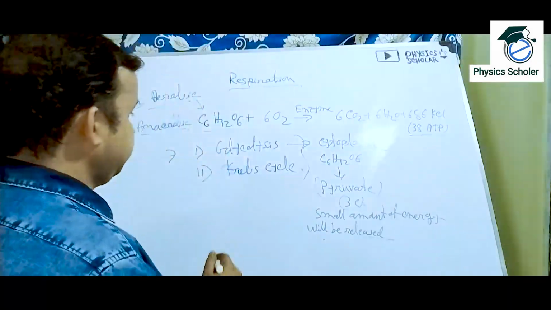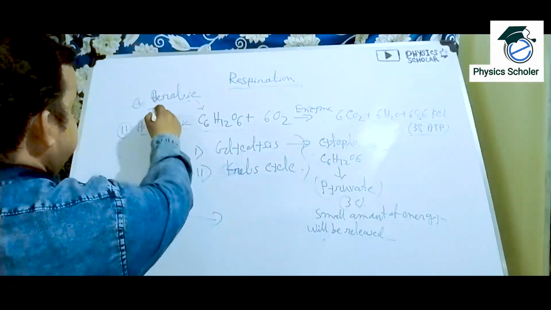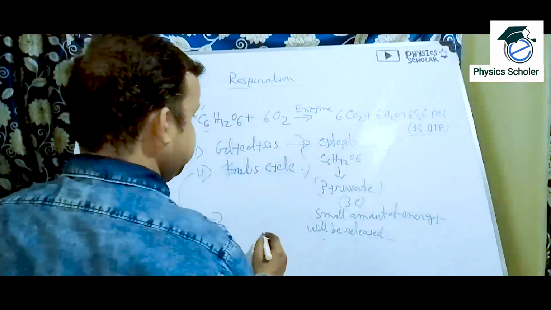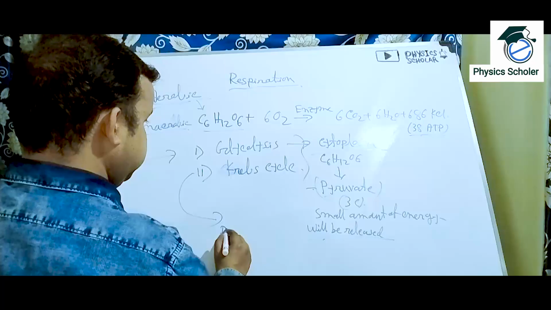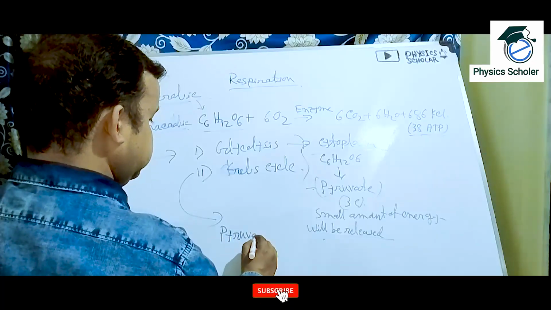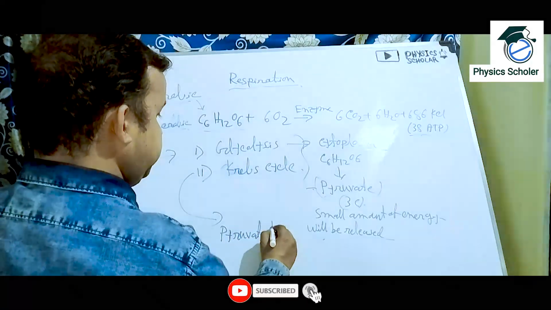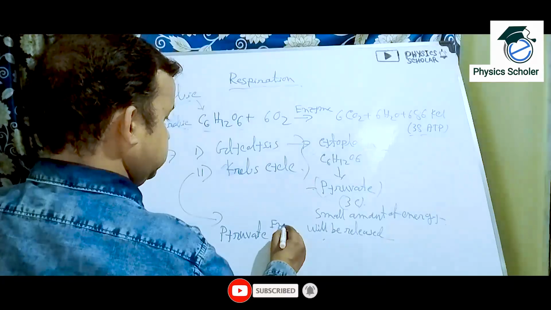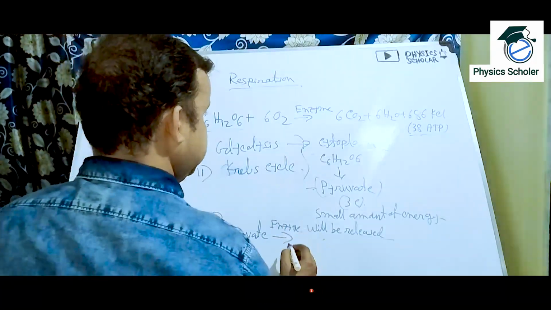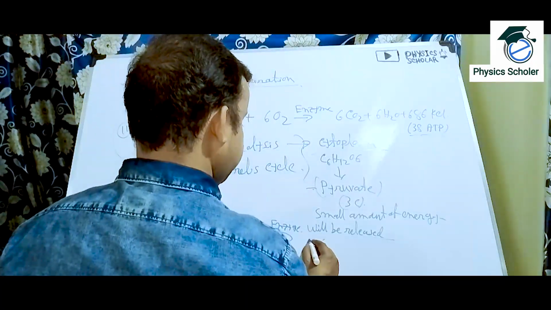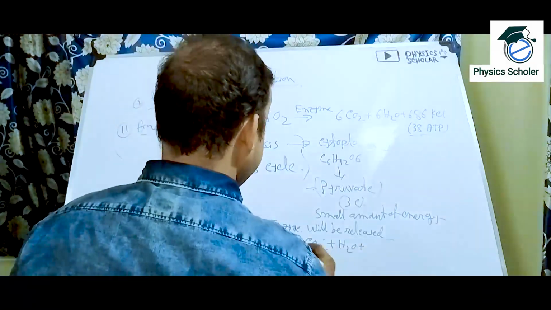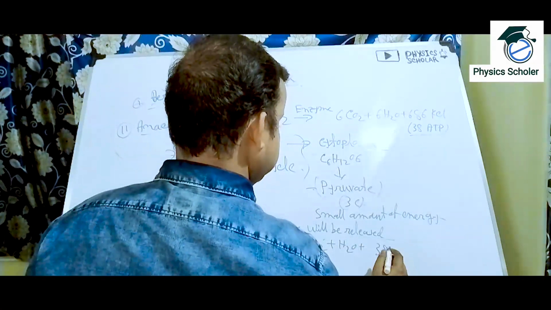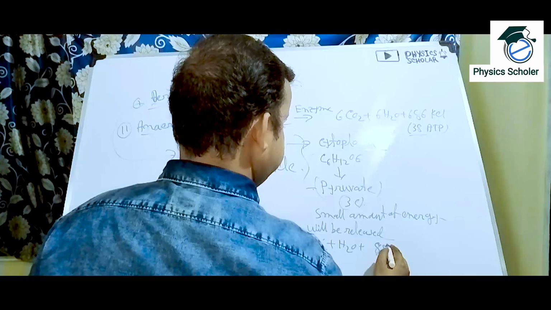So this is up to glycolysis. Now the Krebs cycle for aerobic respiration. In the Krebs cycle the pyruvate will break down completely with the help of some enzymes, and it will produce carbon dioxide, water, and at the end of this process, energy.